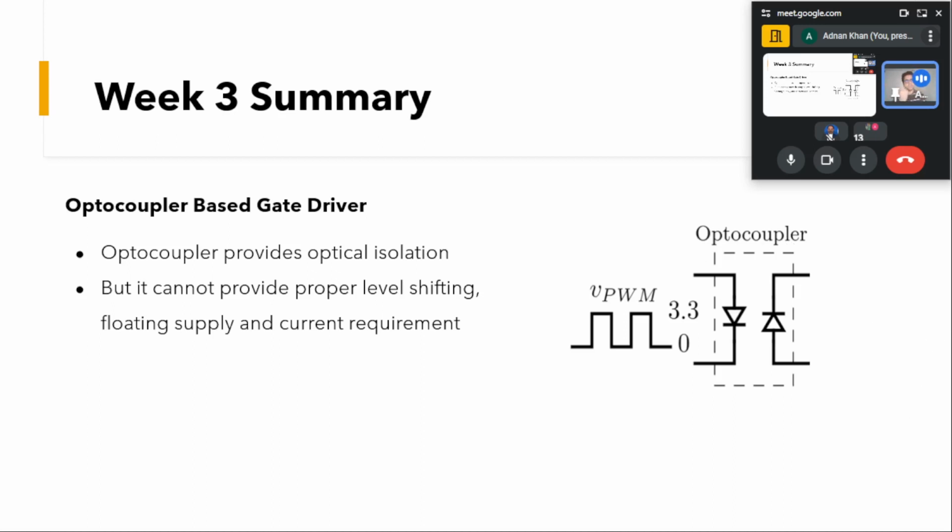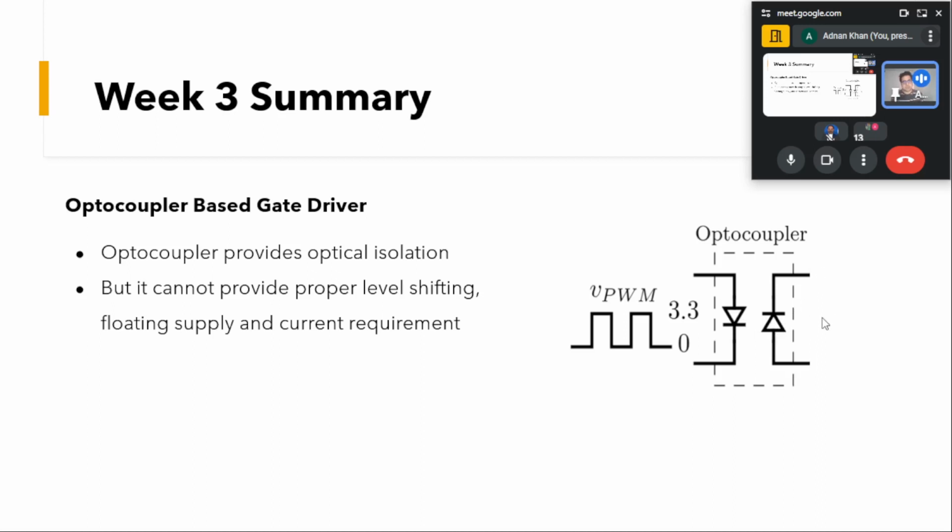Usually we have light emitting diodes, and we provide the control signal from one side, and that will turn on this LED as per our requirement, which will in turn turn on this diode on the secondary side and provide the voltage on the secondary side.